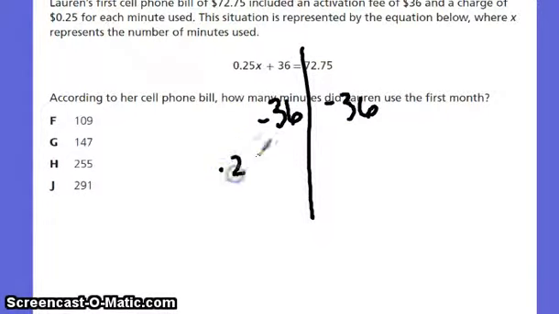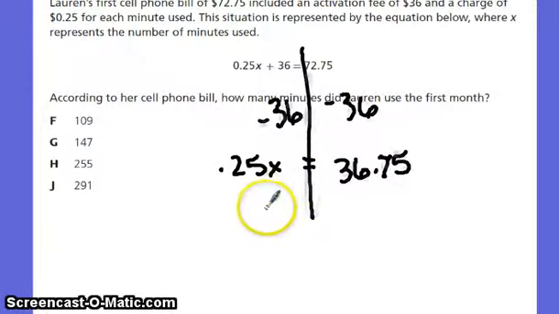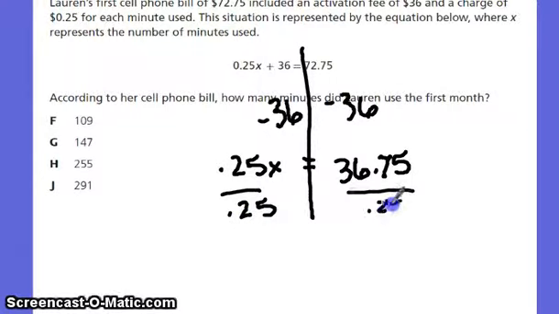We're going to have 25 cents x left here. And we're going to have 36.75 left here. And we're going to divide both sides by 25. And that is going to leave us with 147. G.